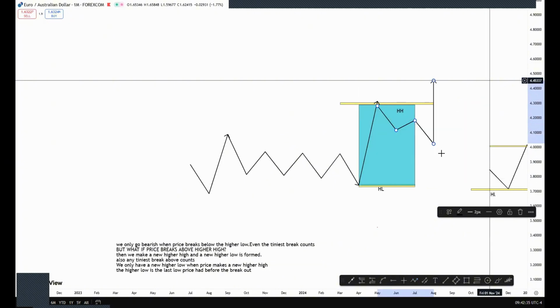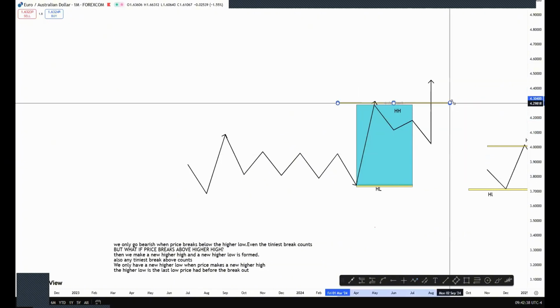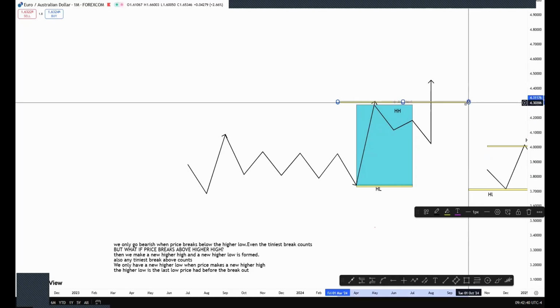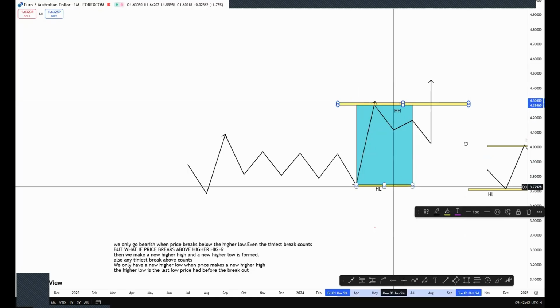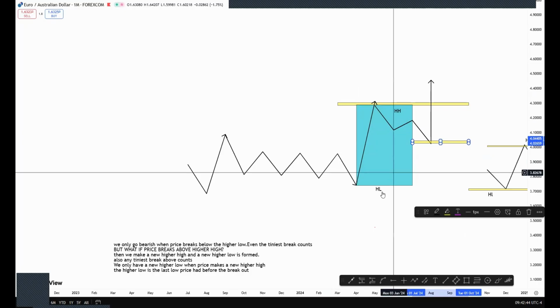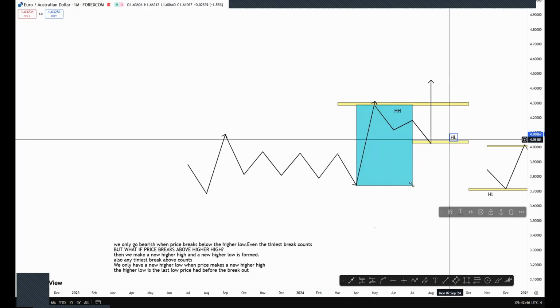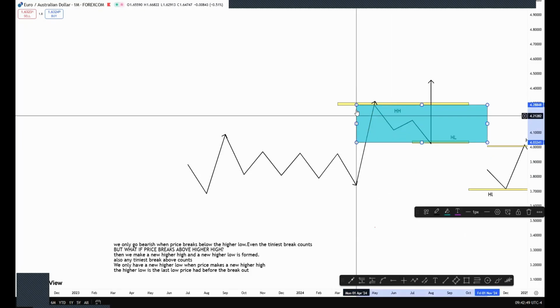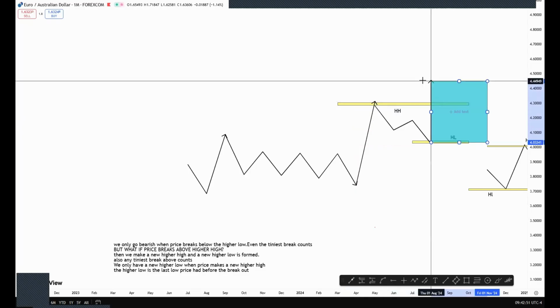When we have that, that's when we can now move our higher low to that point.